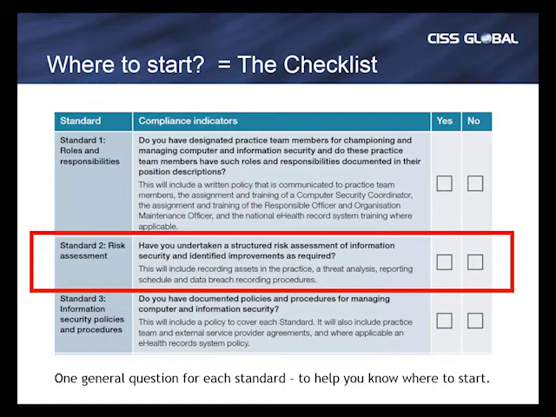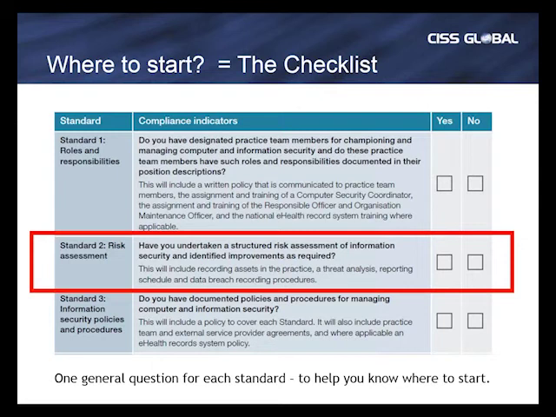If you're not sure, or in fact you're pretty sure that you haven't had it, then you need to click no. At the end of doing that for each of the 12 standards, you can then identify which ones you need to actually start with. And it gives you a good indication overall of where you're at in terms of the practice and the sorts of things that you're going to need to do.